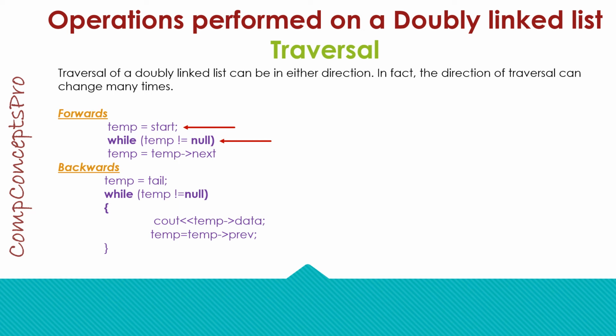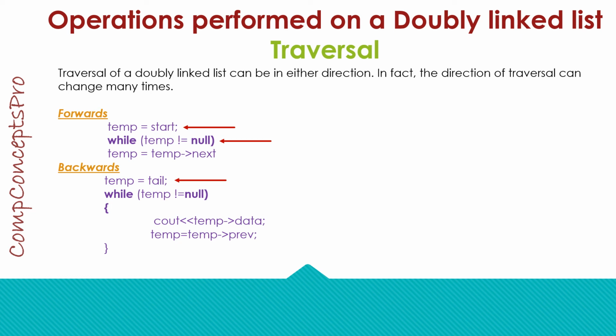Then for the backwards traversal, again we have to assign a temporary pointer variable temp, but this time pointing to the tail pointer. And this tail pointer is holding the address of the last node of the linked list. Then in backward traversal also, we have to declare a while loop, and the condition will also be the same, that while temp is not equal to null.